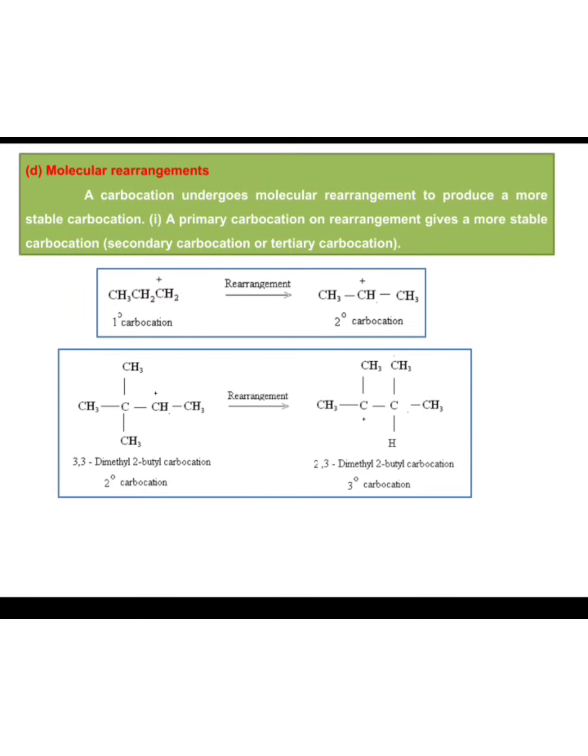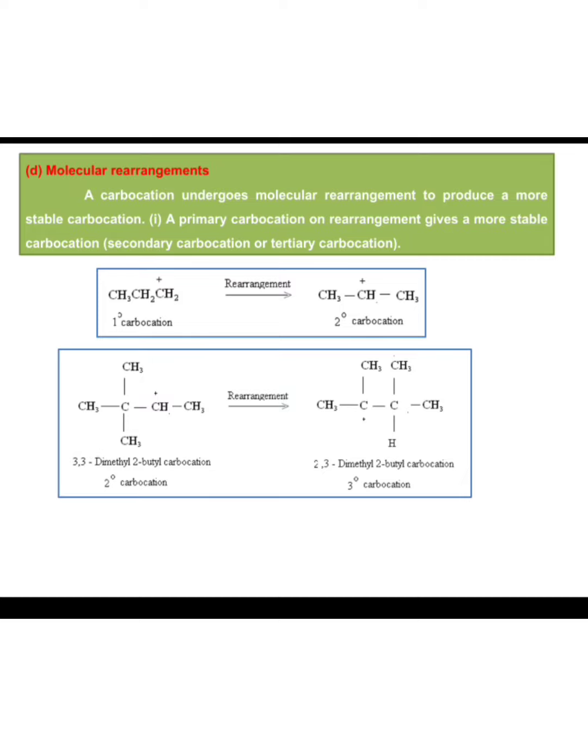Also, carbocations undergo molecular rearrangement. In this, the first example we have seen in the previous slide, that is a primary carbocation which is unstable, undergoes rearrangement to form a secondary carbocation.